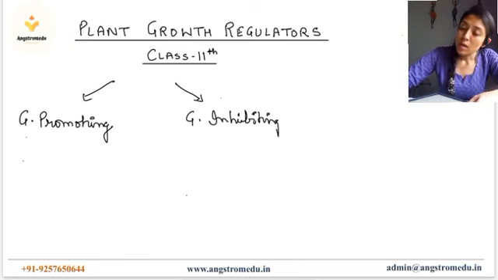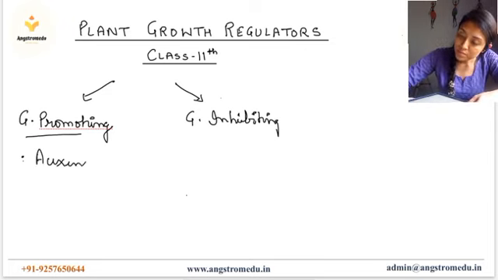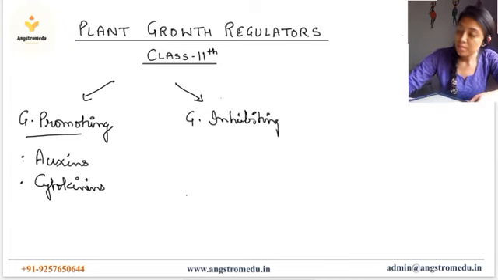Okay, now in the category of growth promoting hormones, we have auxins, cytokinin, and gibberellins.